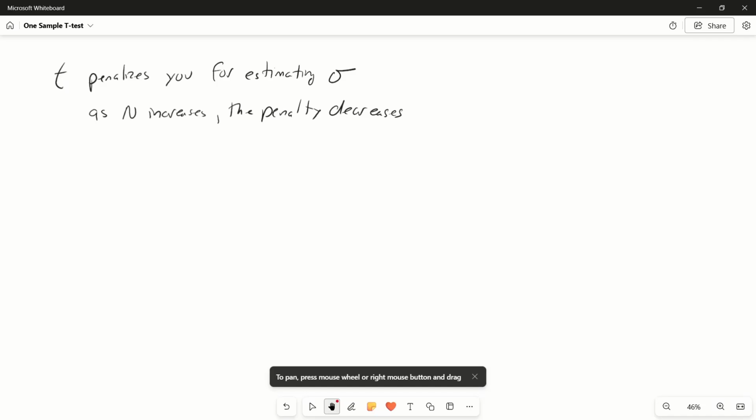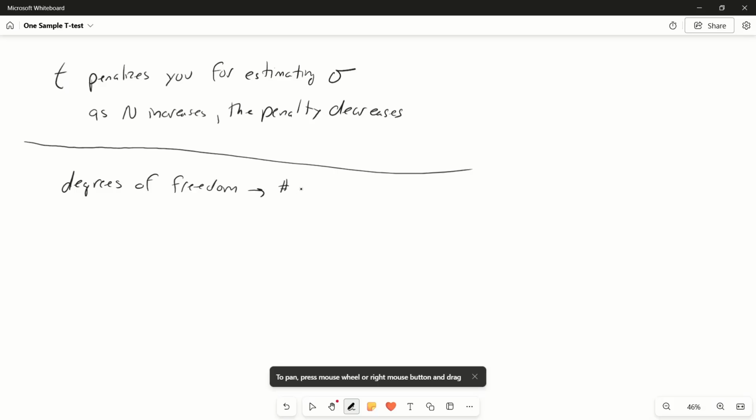Now, t uses a concept known as degrees of freedom. These are the number of scores in your sample that are free to vary.